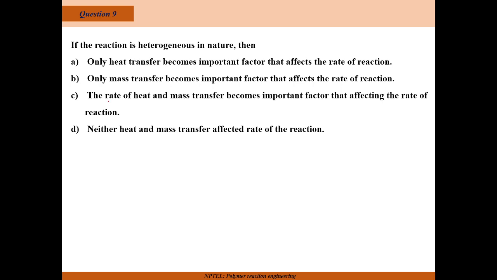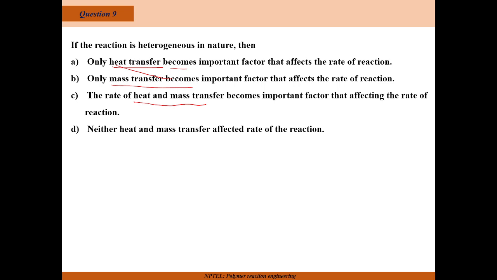The first option says heat transfer is the important factor. The second talks about mass transfer. The third is both heat and mass transfer affecting the rate of the reaction. The fourth one says neither heat nor mass transfer affects the rate of the reaction.